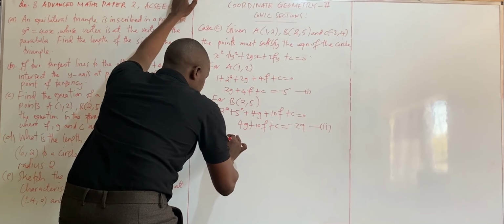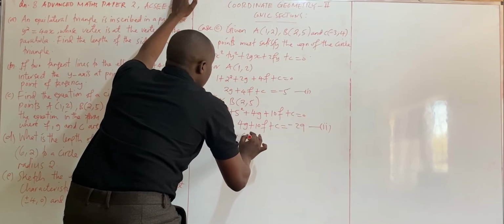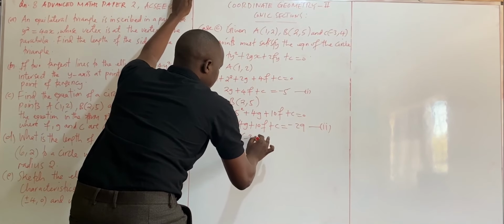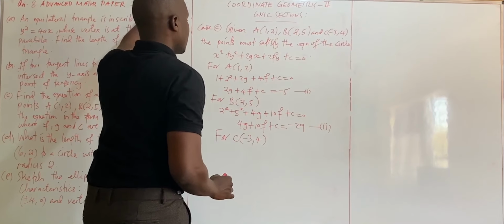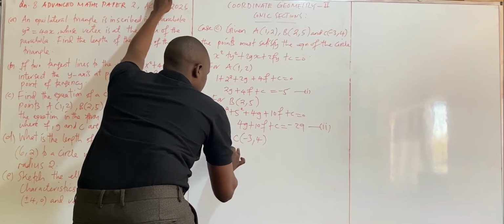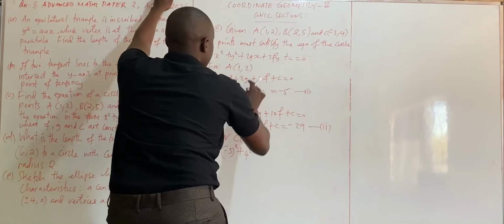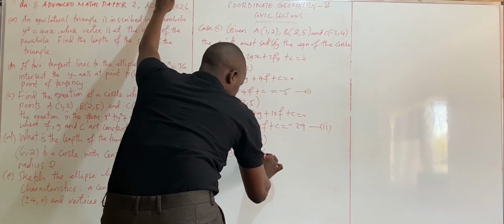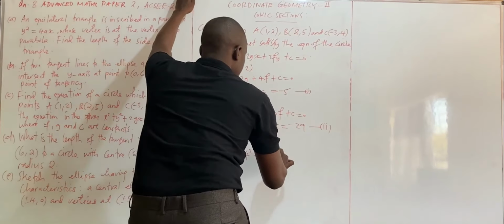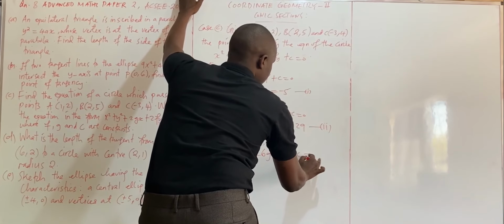Lastly, for point C, which is (-3, 4), substituting them where x and y from the general equation of the circle. So it will be negative 3 squared plus 4 squared. Then because x is negative here, it will be minus 6g. Then because y is positive, we get plus 8f, plus c equals 0.